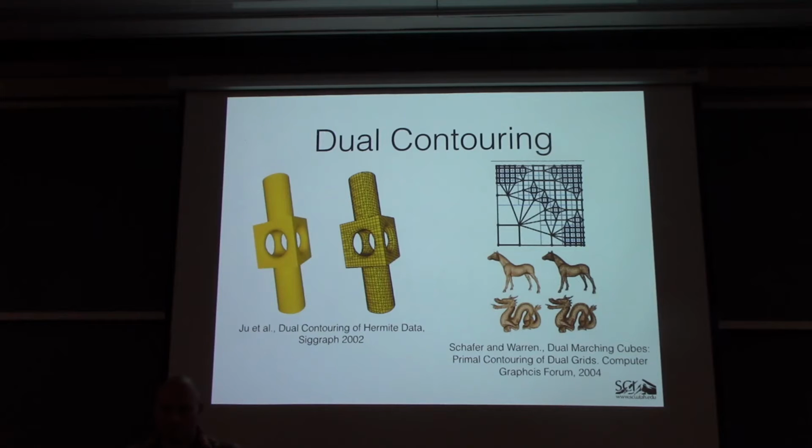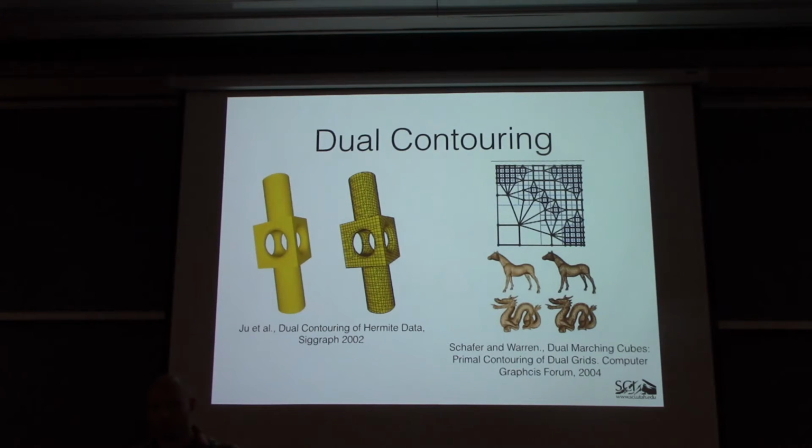Another extension of marching cubes is dual contouring. Here the idea is that you may have volume data sets, not just from modeling techniques, but also from adaptive mesh refinement, non-uniform grids, hierarchical grids, things like this. Marching cubes can be really inefficient at handling those data sets. Either you have really high resolution and very slow performance, or you subsample it and get horrible results.